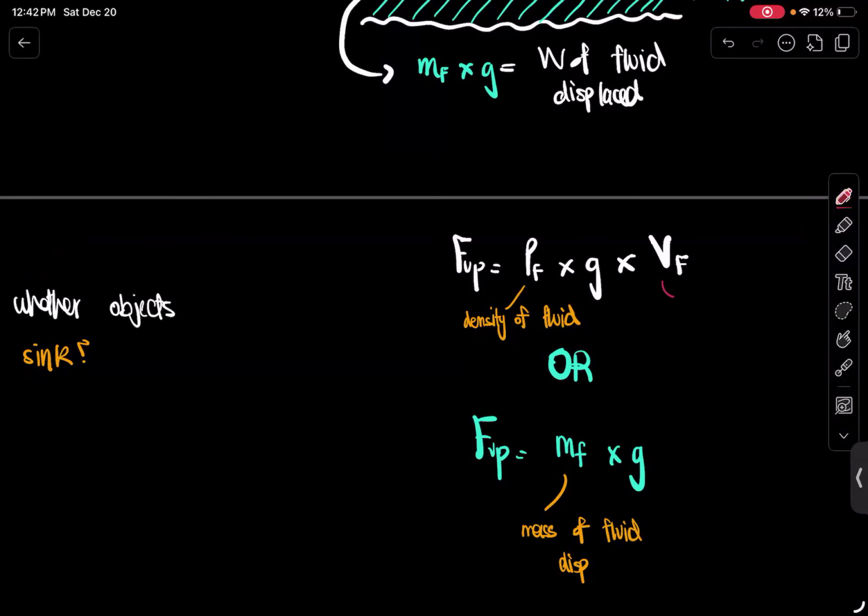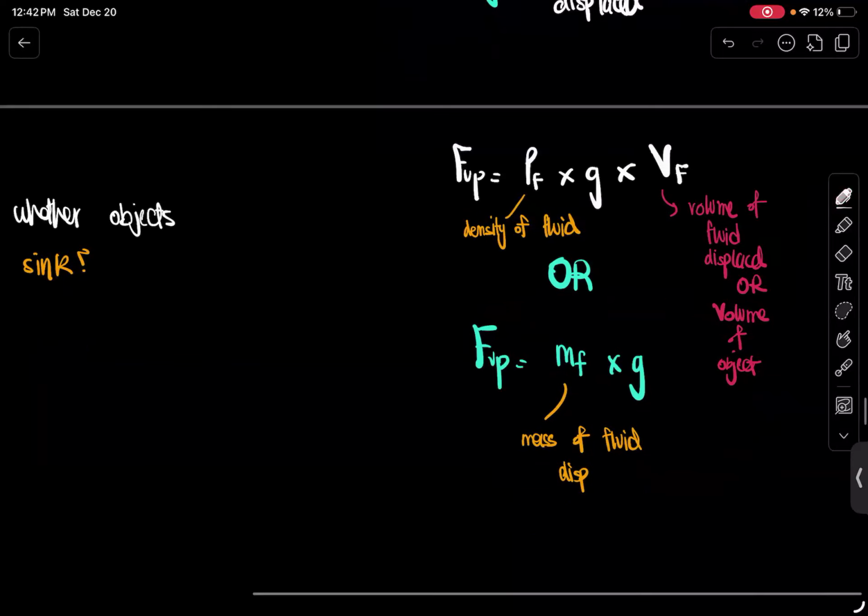It is the volume of fluid displaced, or extra fluid, or it is the volume of object submerged. Submerged, not the total volume, right? If the total volume is submerged, then you'd use the total volume. But if only half the volume is submerged, then you'd only use half the volume.